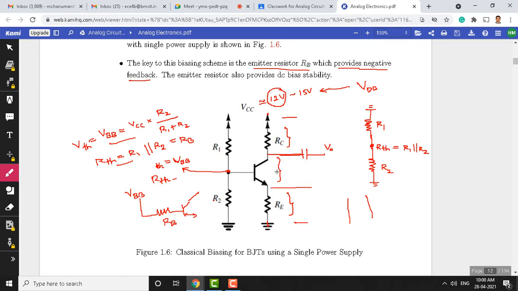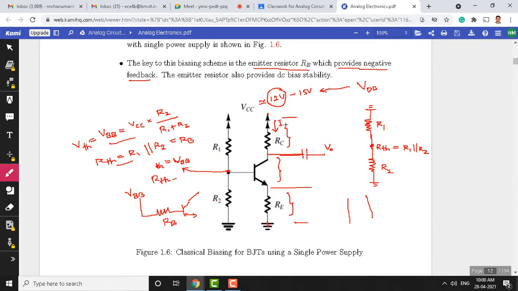For a different transistor those values will also differ. So irrespective of the change in the transistor parameters, we have to maintain a constant current here, which is IC. Let us label this as IC. This is the DC collector current we have to maintain constant.